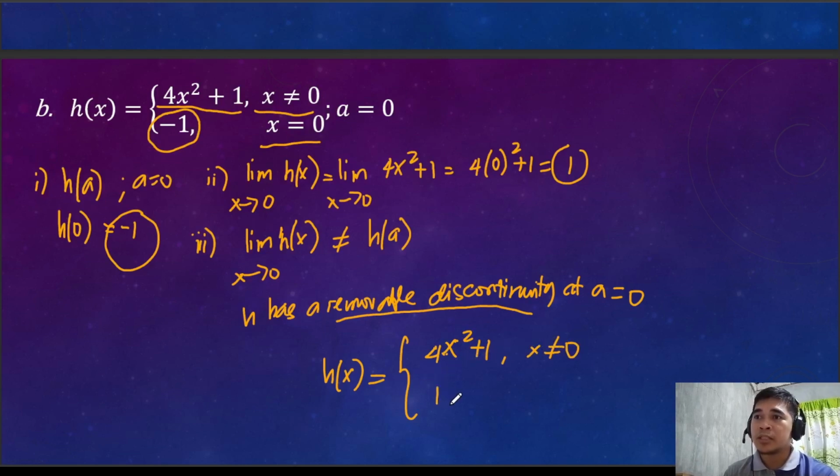Tapos, instead of negative 1, we have 1 if x equals 0, as a equals 0. So, with that, we have 1 and we have 1 na. So, we can have a continuous value of h at a equals 0. So, that is removable discontinuity.